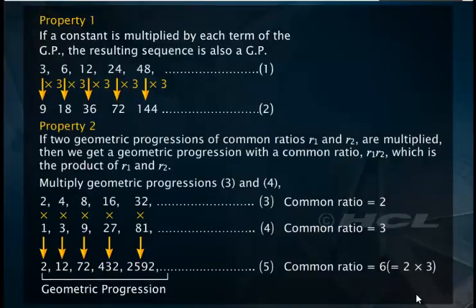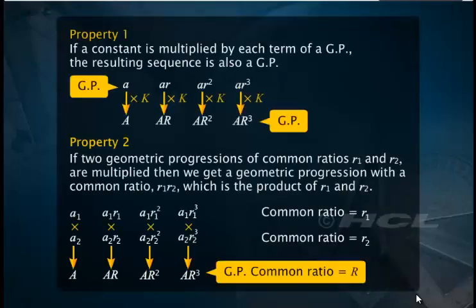Hence, if two geometric progressions of common ratios R1 and R2 are multiplied together, then we get a geometric progression with a common ratio R1 R2, which is the product of R1 and R2. Hence, the properties of a GP can be summarized as shown.